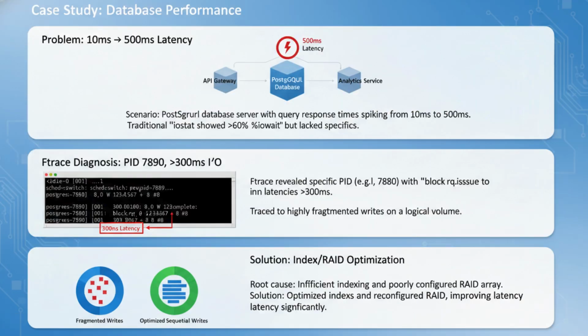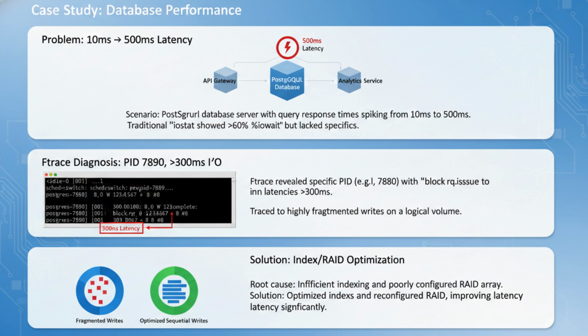Let's consider a real-world scenario. A critical PostgreSQL database server is experiencing intermittent but severe performance degradation, with query response times spiking from 10 milliseconds to over 500 milliseconds. Traditional iostat shows high I/O wait, often exceeding 60%, but doesn't tell us which database query or process is the culprit, nor why the disk is slow.